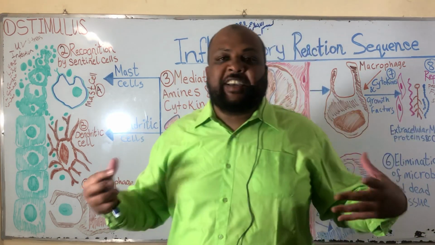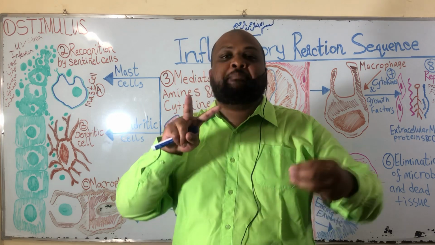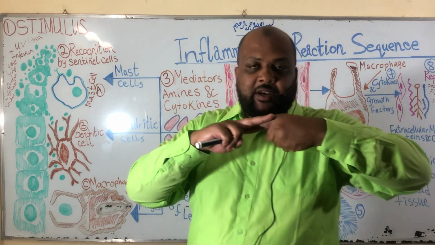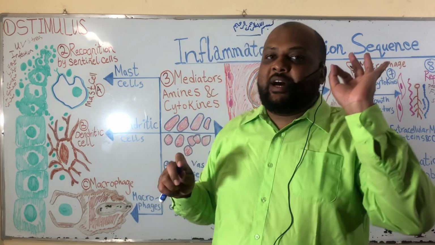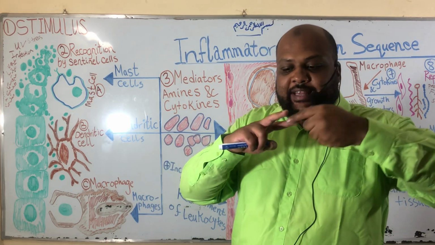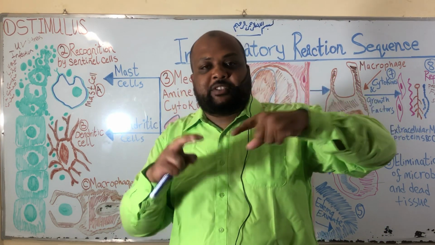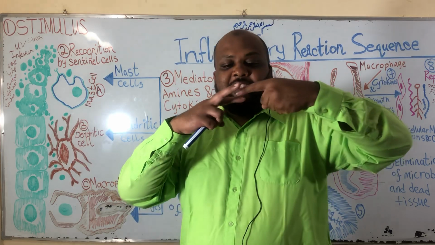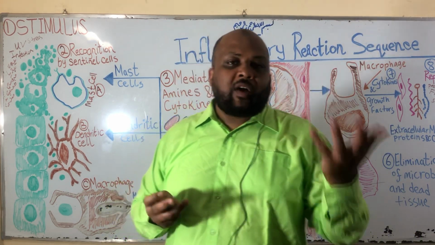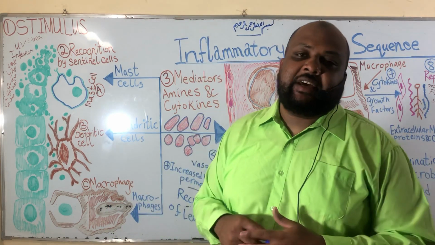These macrophages have receptors that mechanically bind to bacteria, lipopolysaccharides, or maybe glycoproteins, or they have toll-like receptors, TLRs, among other receptors that actually bind to fragments of necrotic debris or probably infectious agents.